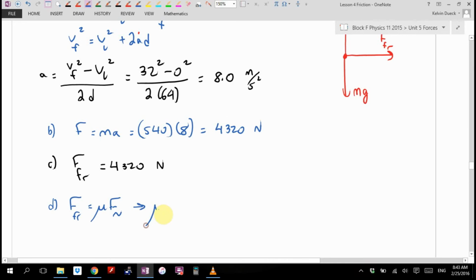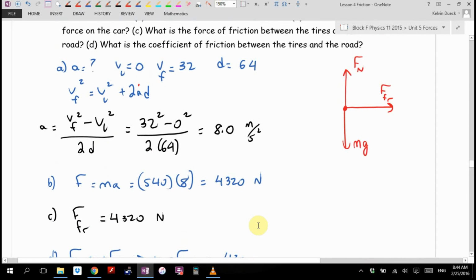Okay, so you're saying it's going to be friction divided by the normal force. Do I know friction? I don't know the normal force. Oh, but look. I know another force the same size as the normal force in my free body diagram. Which force conveniently happens to be the same size as the normal force?